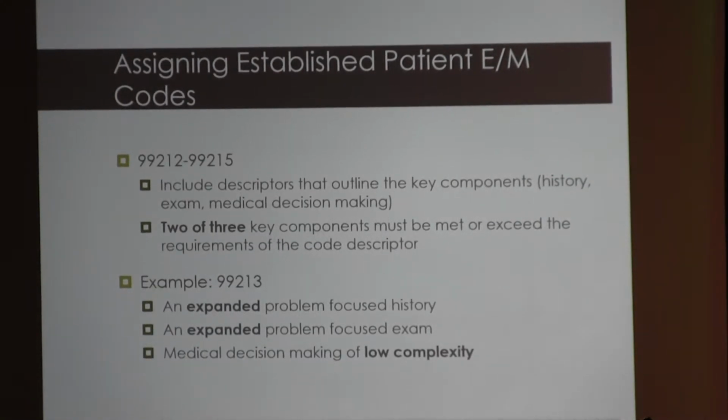So established patients, like I said, 99212 to 215. 2 out of the 3 have to be met in order for you to have that. So another example descriptor, 99213, would be an expanded problem-focused history, an expanded problem-focused exam, and then again, the only low complexity for medical decision-making.